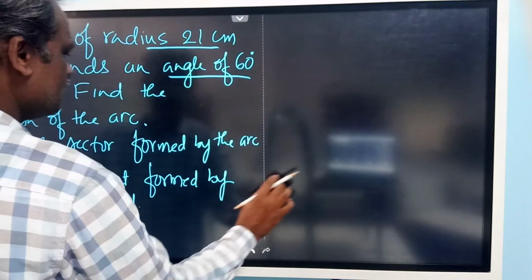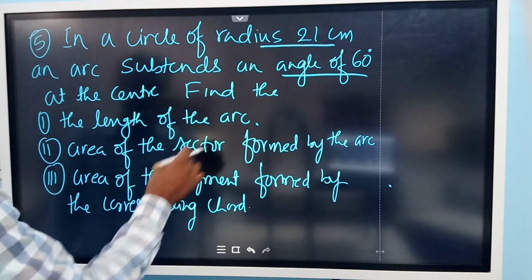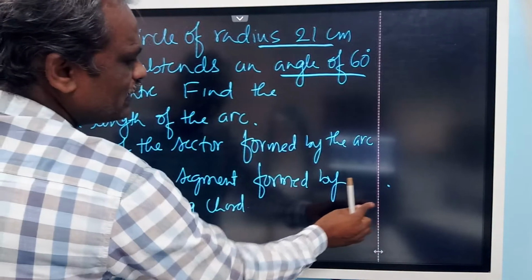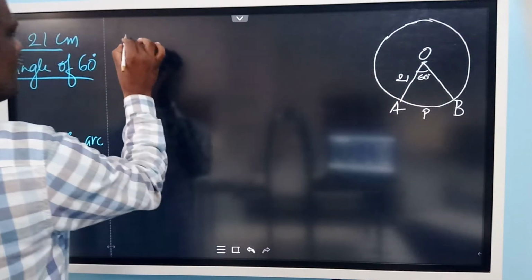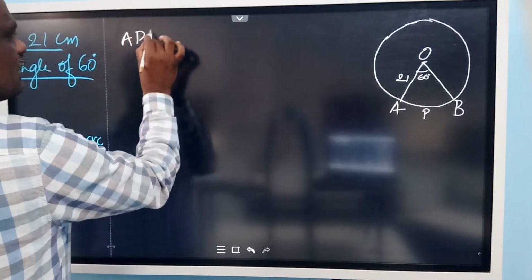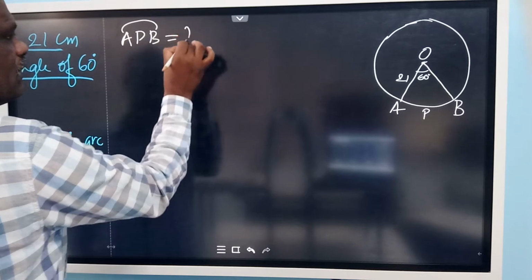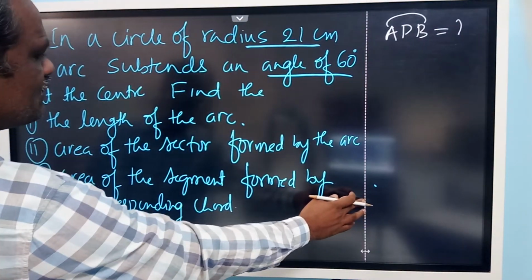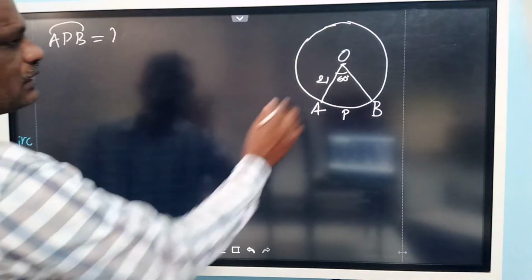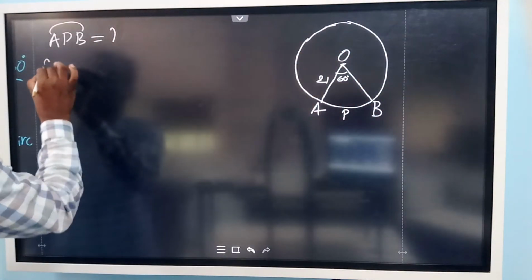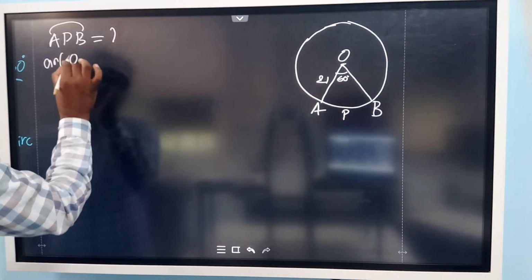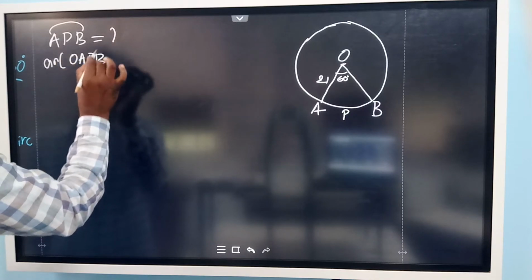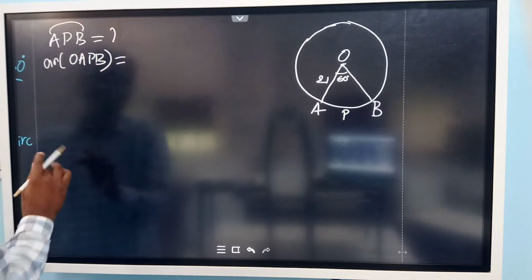Now this question, find the length of the arc. So we have to find out what is the length of this arc APB. The second question is the area of the sector formed by this arc. So area of sector OAPB, I want to find out.